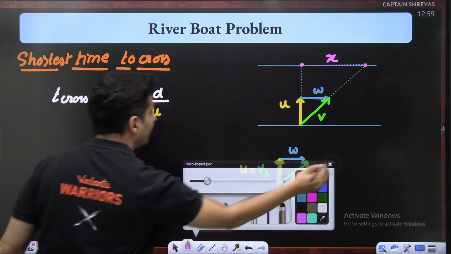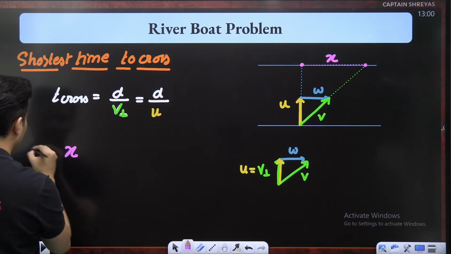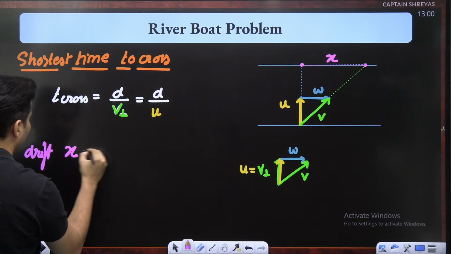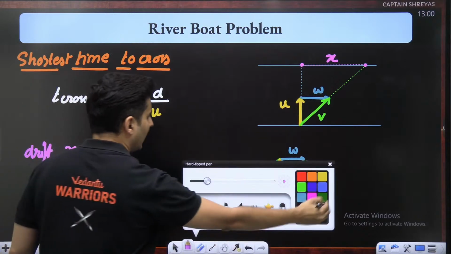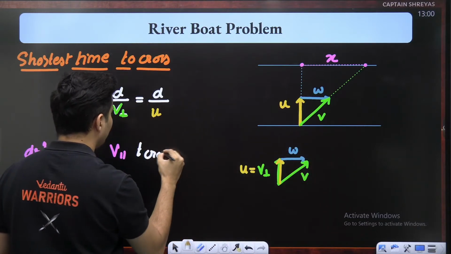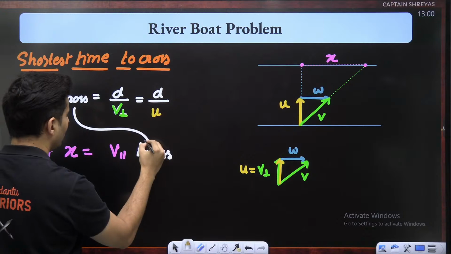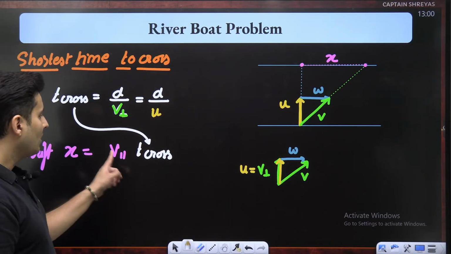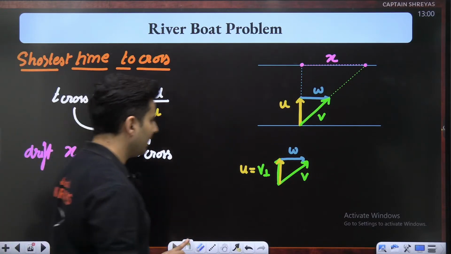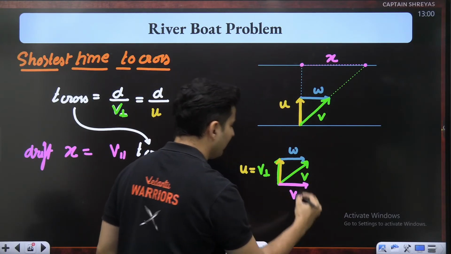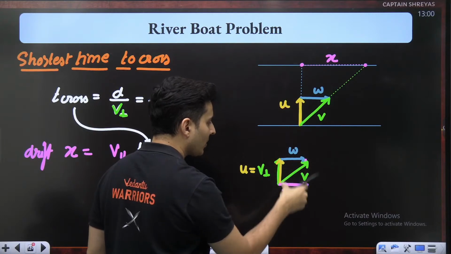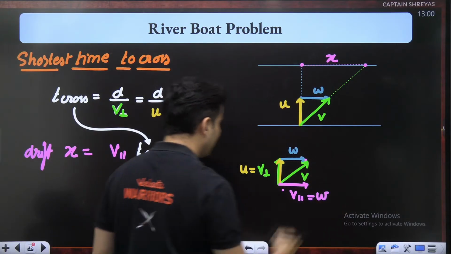If you ask me what is the drift which is encountered, it is always the parallel velocity multiplied by the time taken to cross. Time taken to cross is just the same thing. What is this parallel velocity, guys? Just check this out. This parallel component of the velocity is exactly w, nothing else.